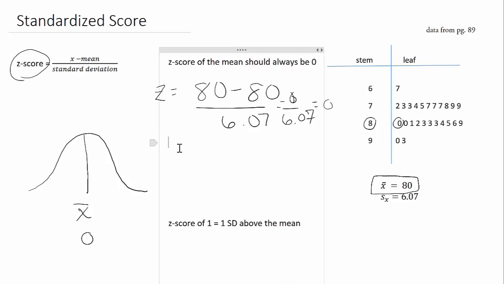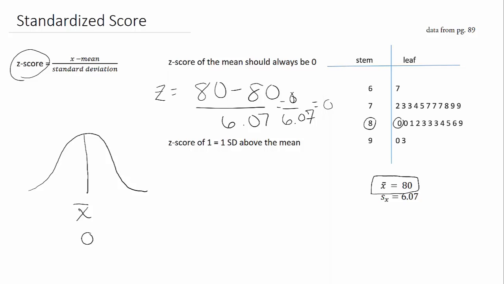If you think about it, the z-score of 1 should be 1 standard deviation above the mean. So 1 standard deviation above the mean would be the mean plus 1 standard deviation. I should get a number about 86, and I have a number 86.